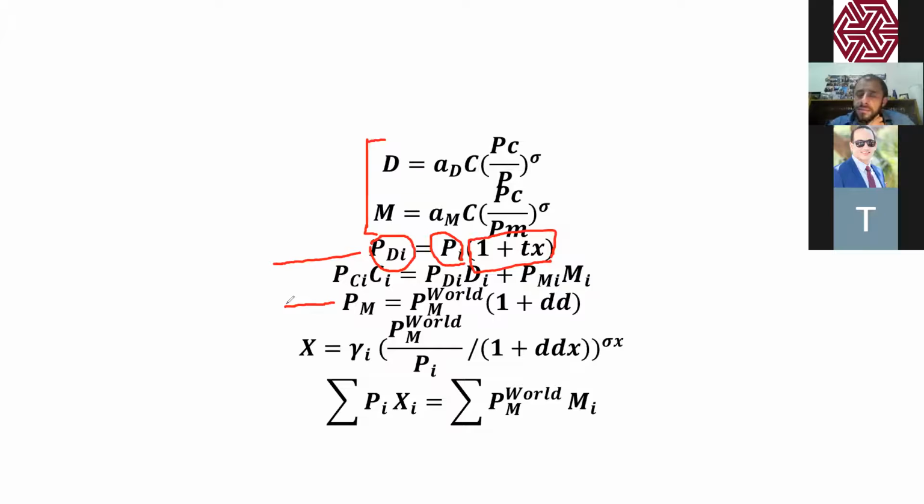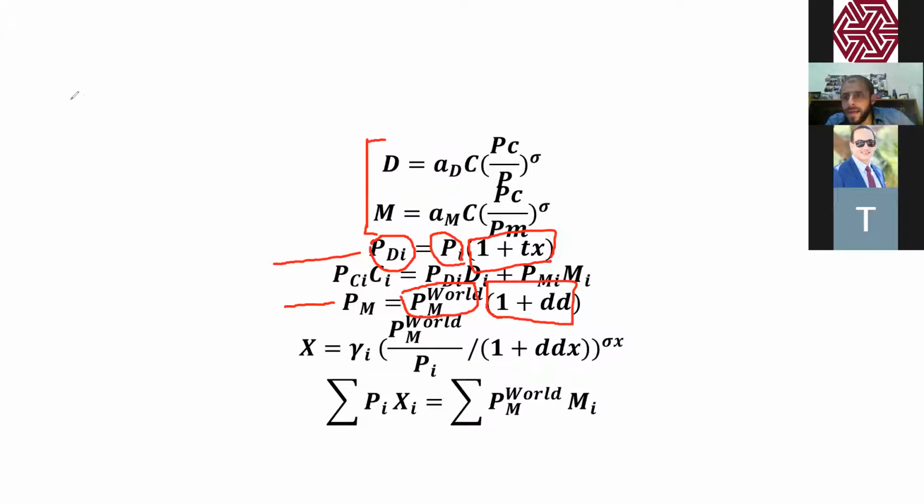We know that if we import a good from the rest of the world, the government might impose a duty on this imported product, which means that the world price will be subject to a tariff. And that's why we have here the world price of imports, to which we add 1 plus the customs duties that we call DD.